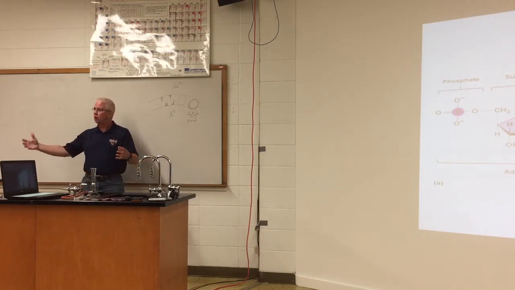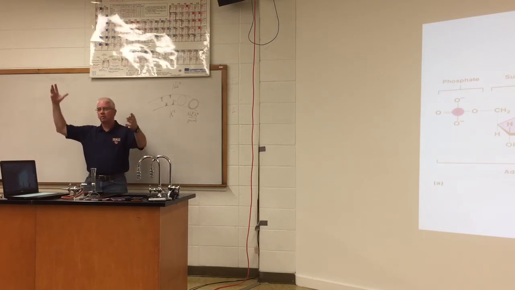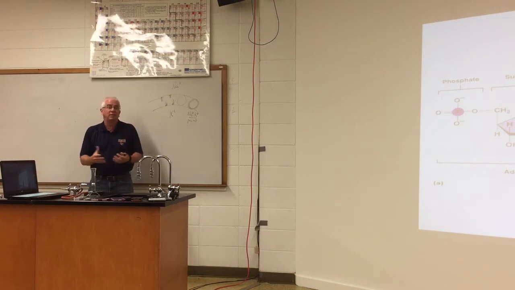Things move across membranes from higher to lower concentrations. That's the nature of things. But sometimes we can move things against their concentration gradients. If you want water to go downhill, you stand at the top of the hill and you pour the water out and down the hill it goes. That's diffusion, really, going downhill. Higher up here, lower down there.